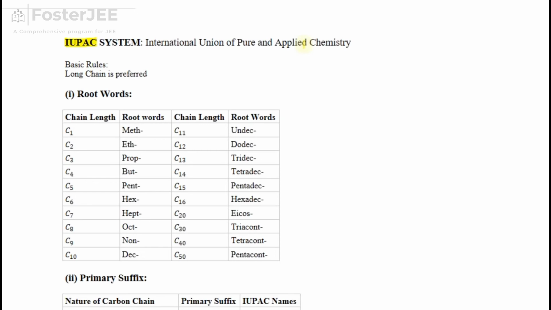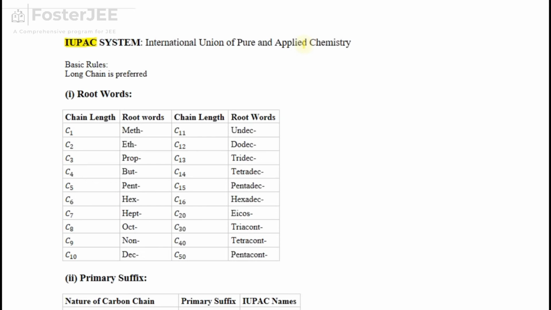We should prefer the long chain, which is known as the parent chain or main chain of the compound. Each systematic name has two or three parts. The first part is the root word.